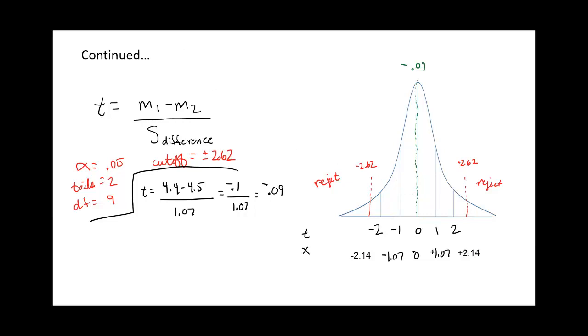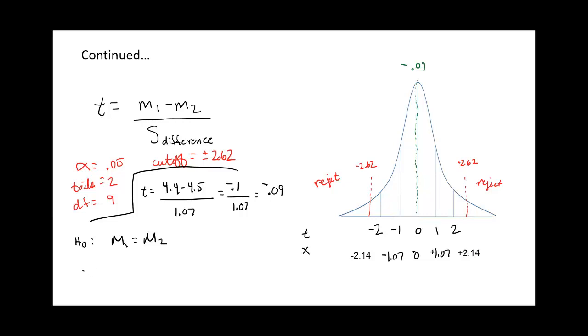But let's go ahead and do what we do with our null hypotheses. So the null hypothesis for this two-tailed test is that the mean of group 1 will be the same as the mean of group 2. And really what we know is that we want to find out if our t-score falls between our cutoff scores.